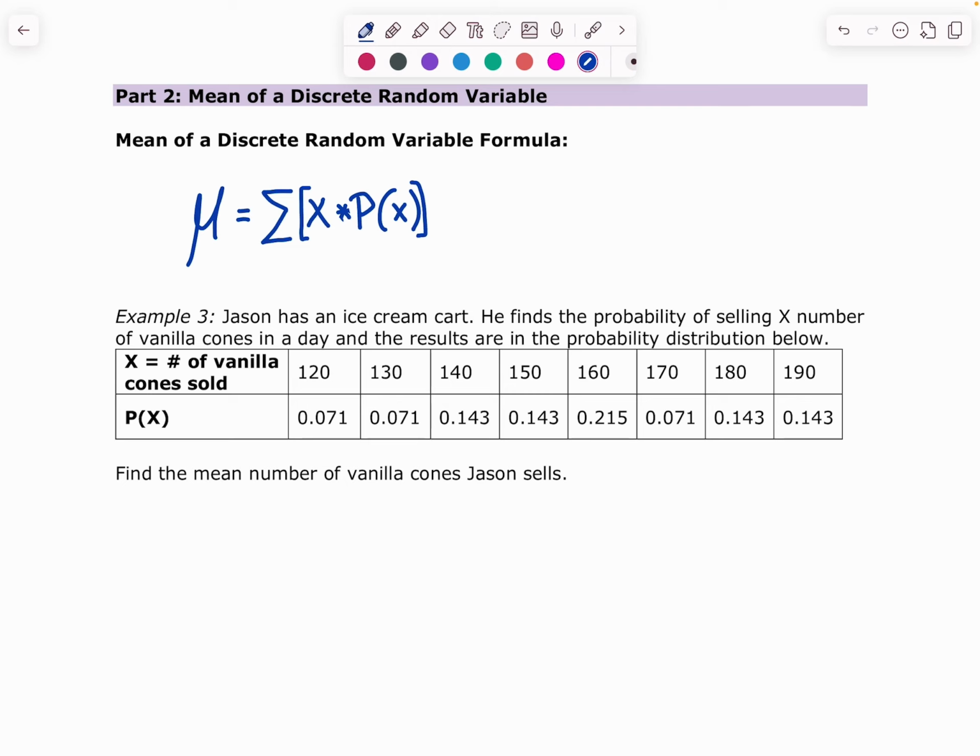So we're going to take every x value, multiply it by its probability, and then add all of those results up. And that's going to give us the mean.